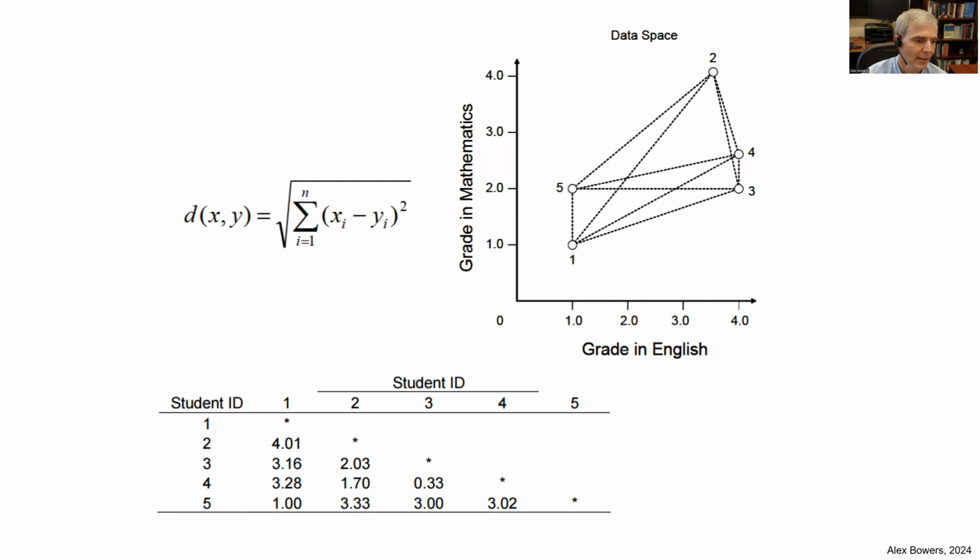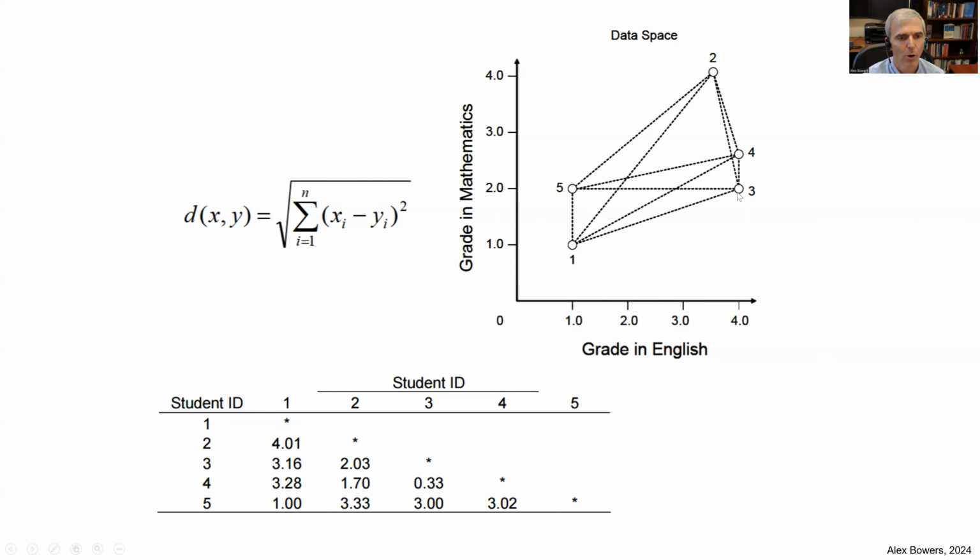You can see that the difference between student 1 and student 5 in this space is 1 grade point. They got the same grade in English, but student 5 got a 2.0 in mathematics. So they're a 1. You can see in the distance matrix down here at the very bottom, that's 1.0. And then there's a 3.0, student 3 versus student 5.